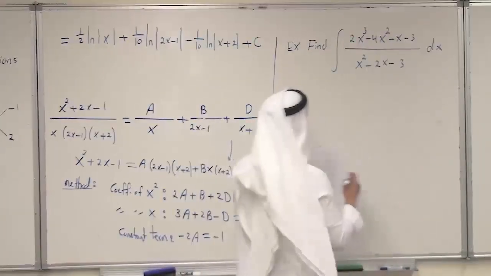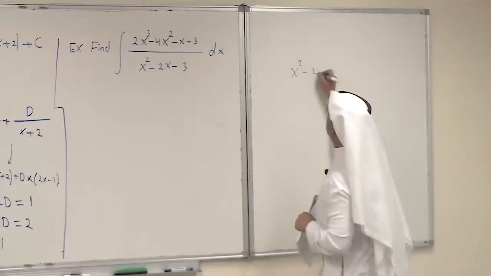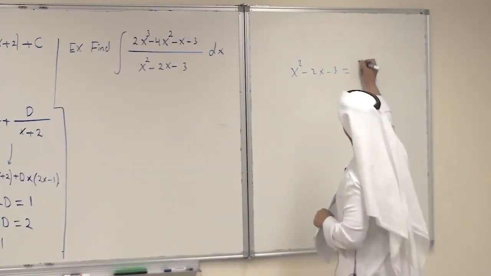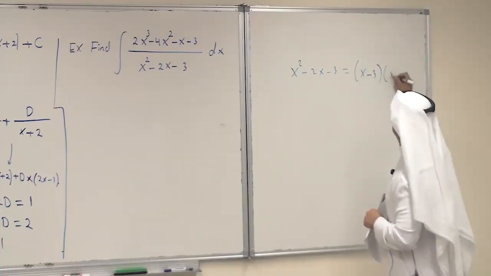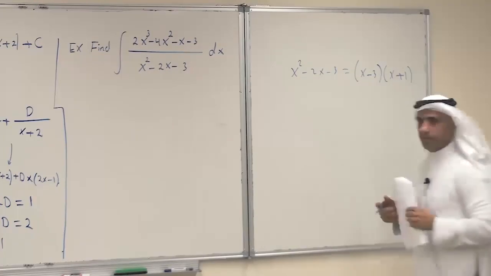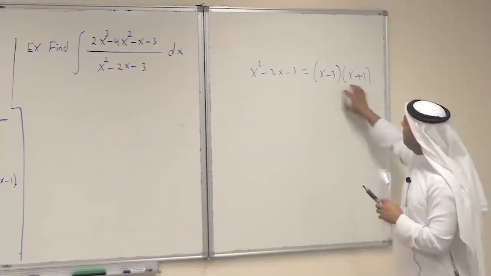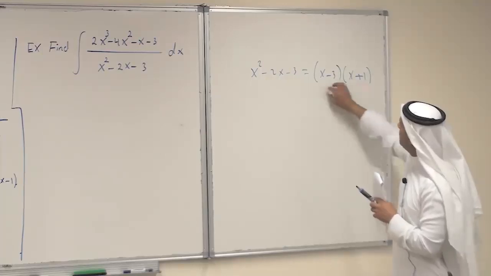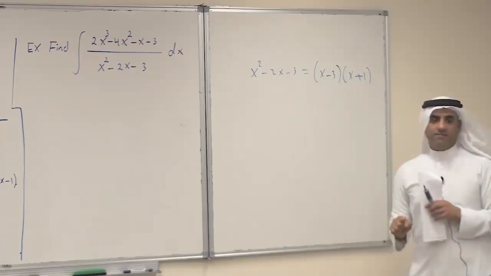Maybe someone will say, I will try to factor the denominator. He will take x squared minus 2x minus 3 and write it as x minus 3 times x plus 1, isn't it? This is the factorization. And he will say that this is a polynomial written as a product of linear factors which are distinct. None of them is repeated.